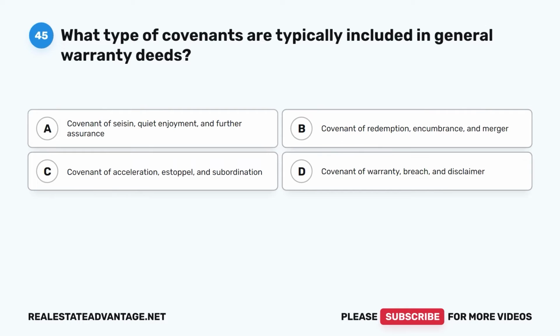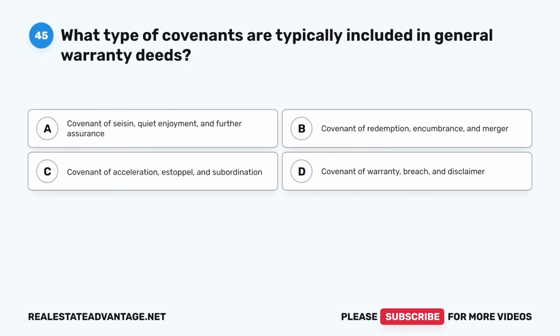Question 45. What type of covenants are typically included in general warranty deeds? A. Covenant of seisin, quiet enjoyment, and further assurance. B. Covenant of redemption, encumbrance, and merger. C. Covenant of acceleration, estoppel, and subordination.